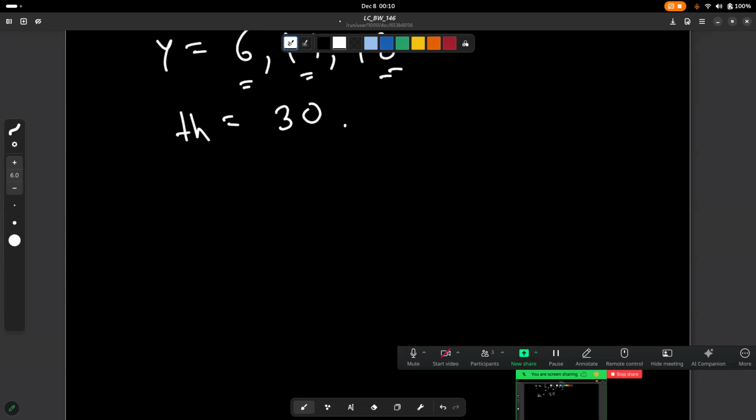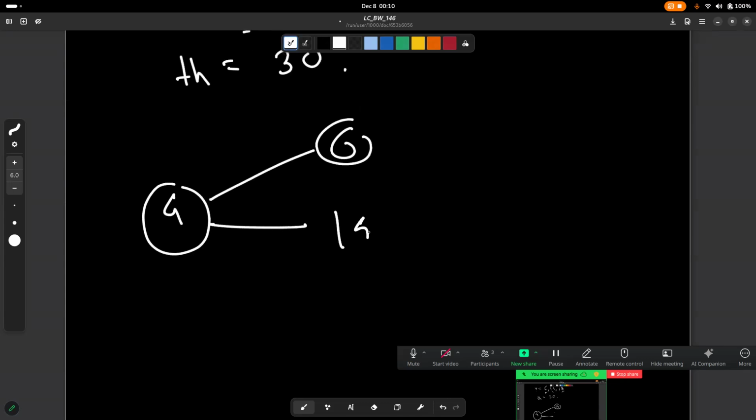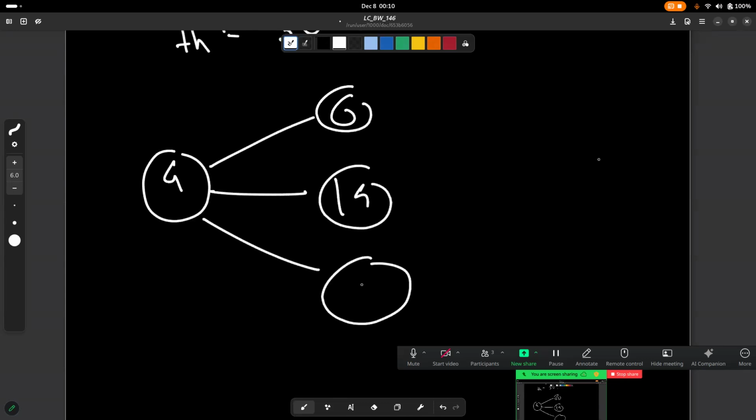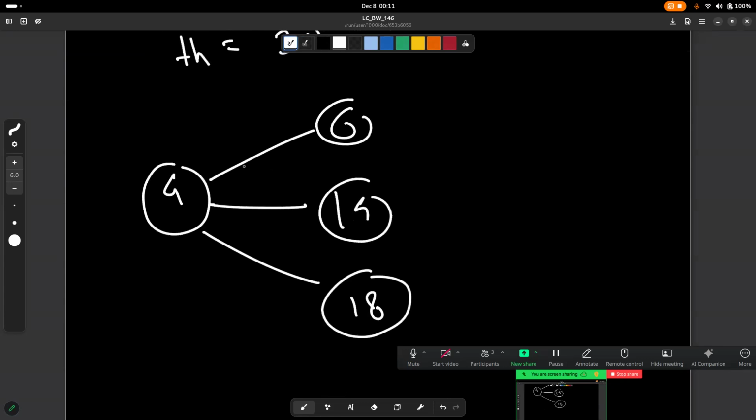So what I'm doing basically over here is I have this X which has a value of 4. I'm trying to add edges from 4 to 6, from 4 to 14, and from 4 to 18. What will be the cost of this edge?